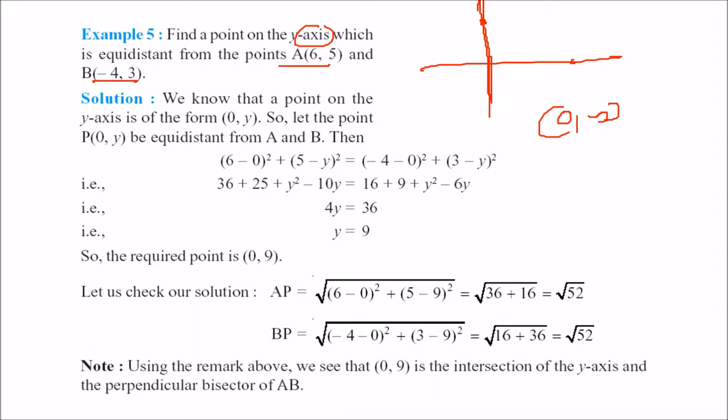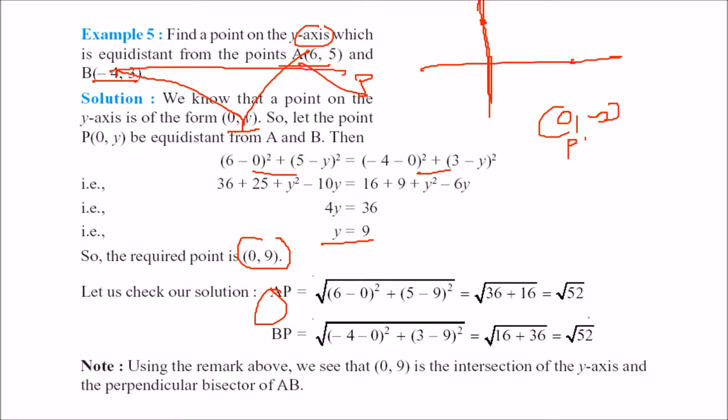So the distance of 0 comma y from 6, 5 and the distance of 0 comma y from minus 4, 3, equate them, and you can get y equal to 9. So the point will be 0 comma 9. You can also check: take this point as P, you can find AP, you can find BP, and you can see that these two are equal.